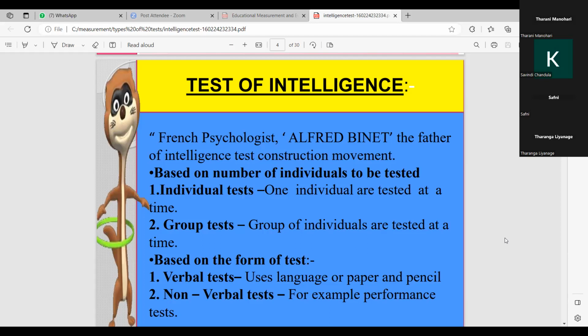Then there are non-verbal tests. Non-verbal tests can be things like performance tests. No words are involved. So you have to show your intelligence in action, physical actions. So those are the categories: verbal tests, non-verbal tests, etc.